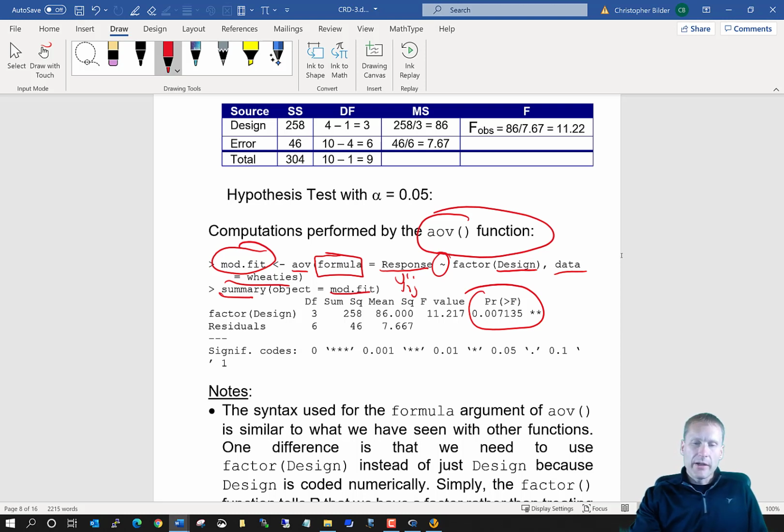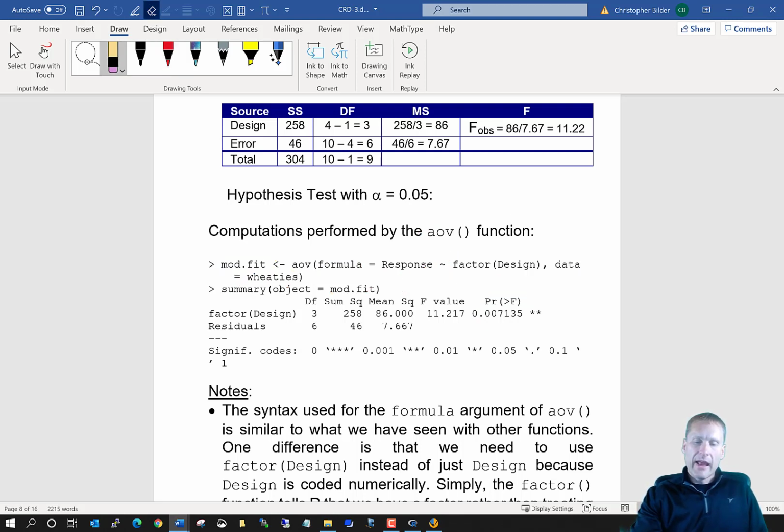Now you might be wondering here, why am I using factor here? So factor is an actual function itself in R. What factor is going to do is tell R, hey, I have these design types, which are simply denoted by 1, 2, 3, and 4.